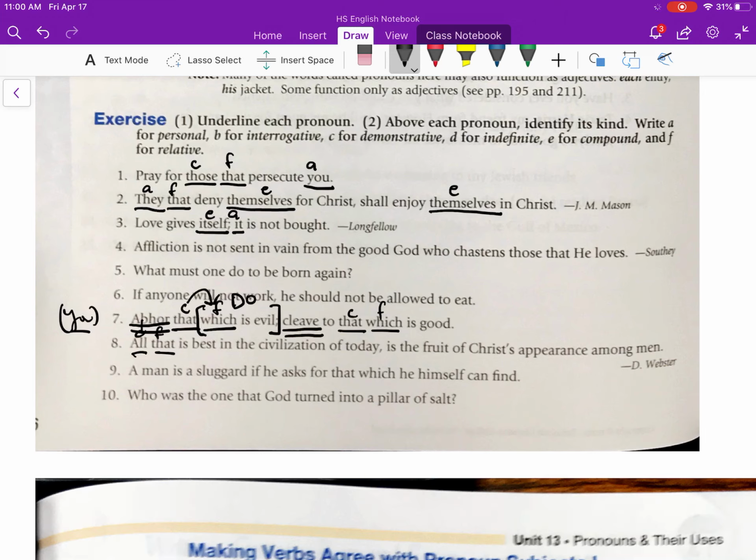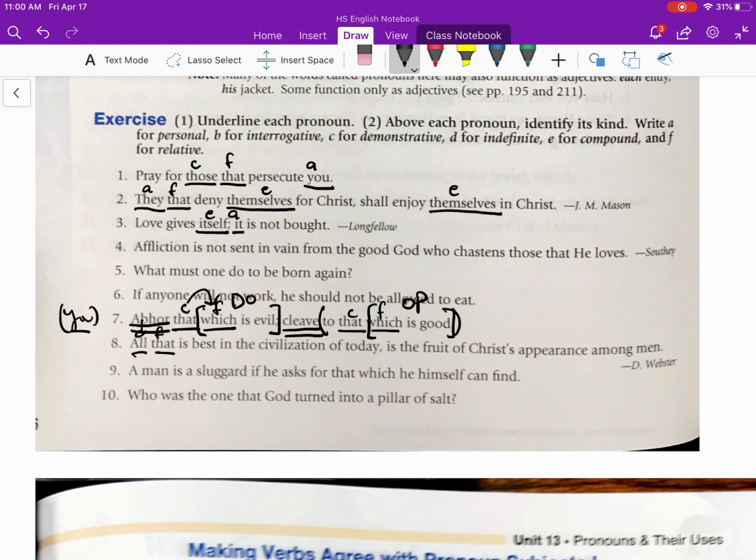And then we have this main verb, cleave to that which is good. And we'll just say that the you out here stands for that as well. So you abhor, you cleave. So then what's happening in this case? We actually have a preposition, and that would be the word to. To is going to be our preposition, and so I'm going to put this in parentheses like this. And then this clause right here, which is good, is operating as the object of the preposition to.